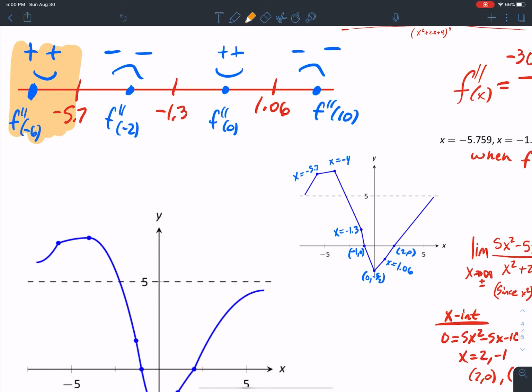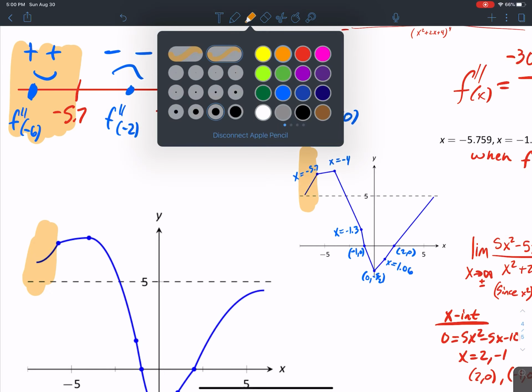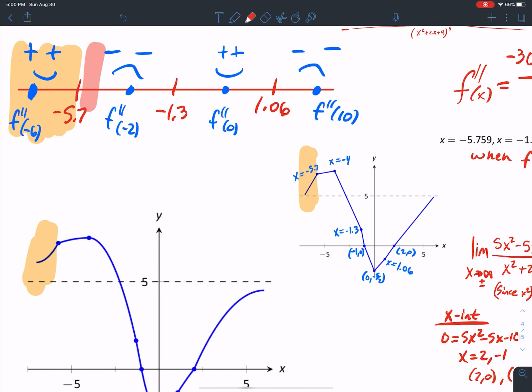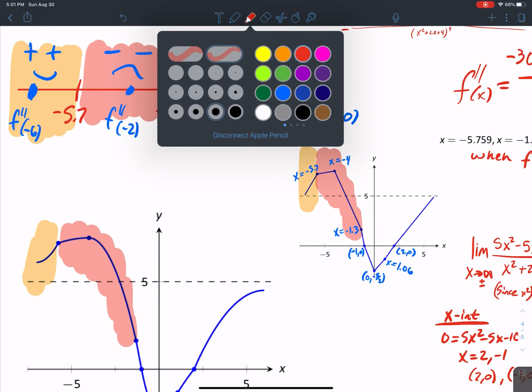Up to this 5.7 part, we're concave up. Then we are concave down between 5.7 and 1.3, like a frown.